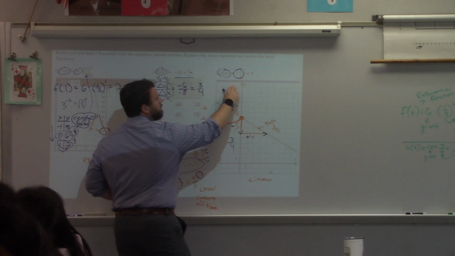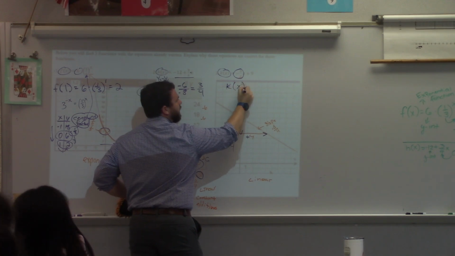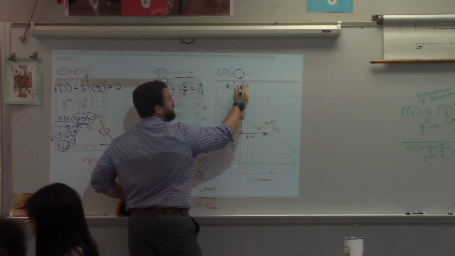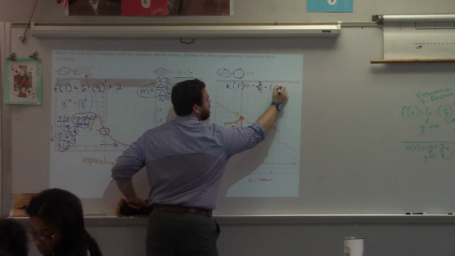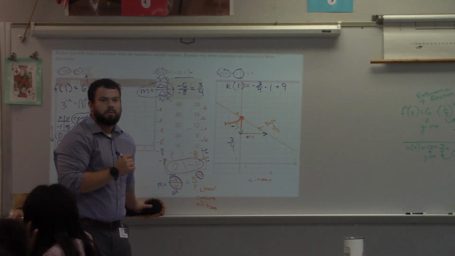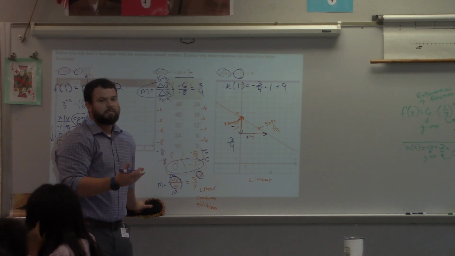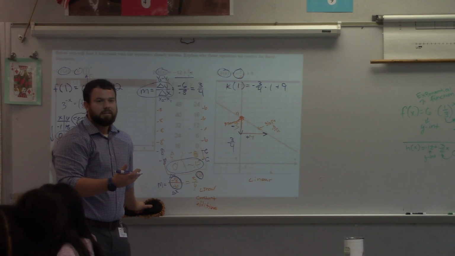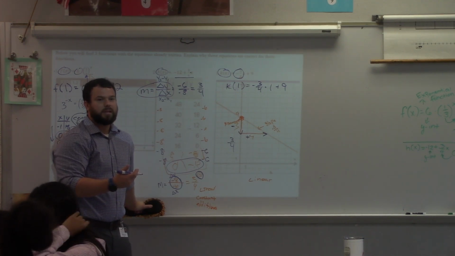Same thing over here. Now, I will point this out. If I'm making a table and trying to make my life easy, would it make sense to substitute a 1 in for this x? Will that make my life easy? You could do it, but that gives me -3/4 plus 9. Is that easy? Do you like dealing with fractions? Miles said, no, Mr. Kennedy, that sounds terrible.